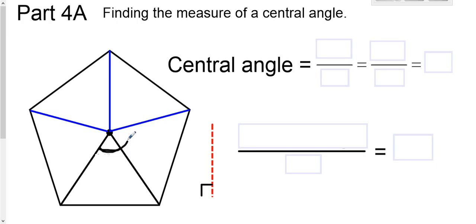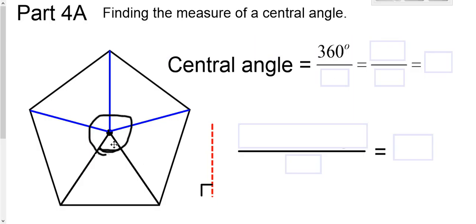There's this one plus this one plus that one, and I'm drawing a bad circle, but it's the same amount of degrees as in a circle. Who remembers how much that is? That's right, 360 degrees. So to find the measure of one central angle, we take this 360 degrees and divide by how many there are.